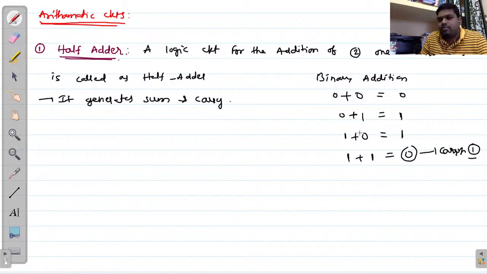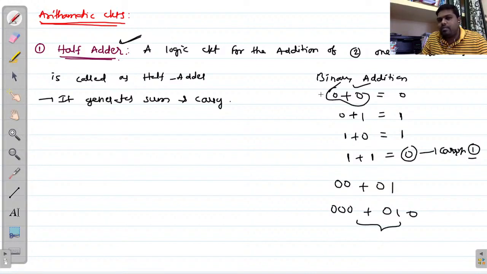So this is binary addition. How does it perform with the help of digital circuits? Okay, this is 1-bit, this is also 1-bit, right? This 1-bit addition can be performed with the help of this half adder. For example, 0 0 plus 0 1 is 2-bit addition. If you add 0 0 0 plus 0 1 0, this is 3-bit addition, right? So this 1-bit addition will be performed with the help of half adder.